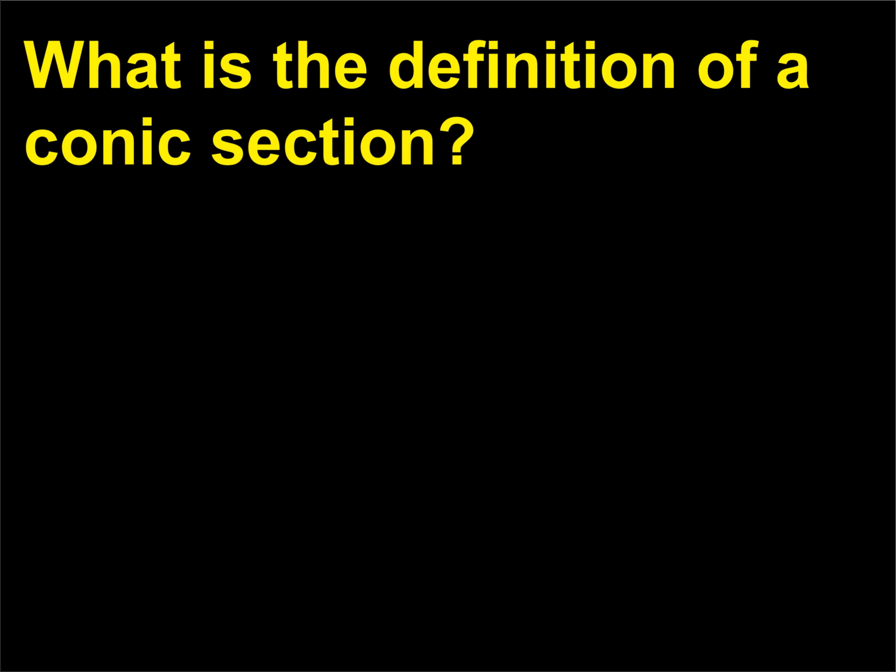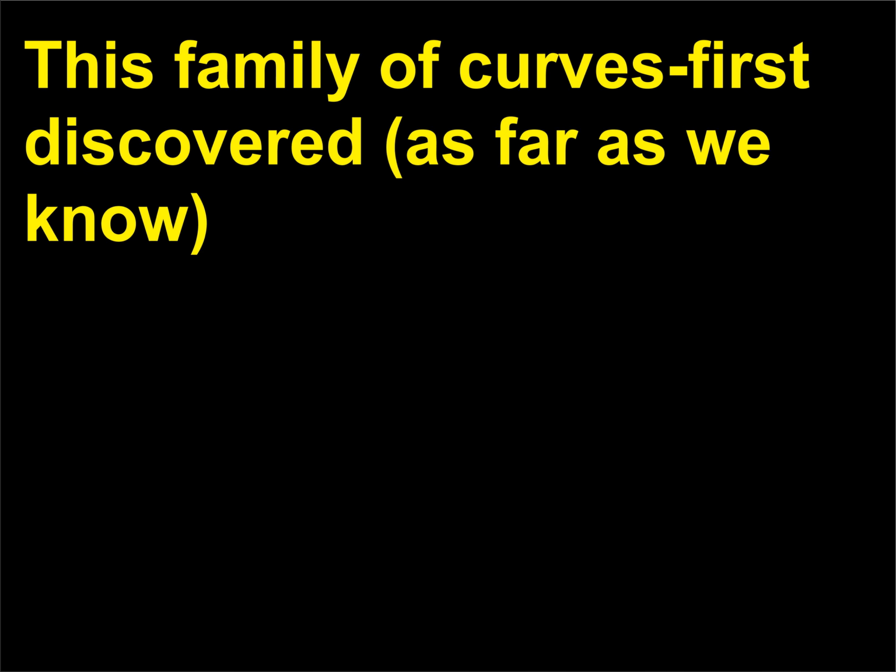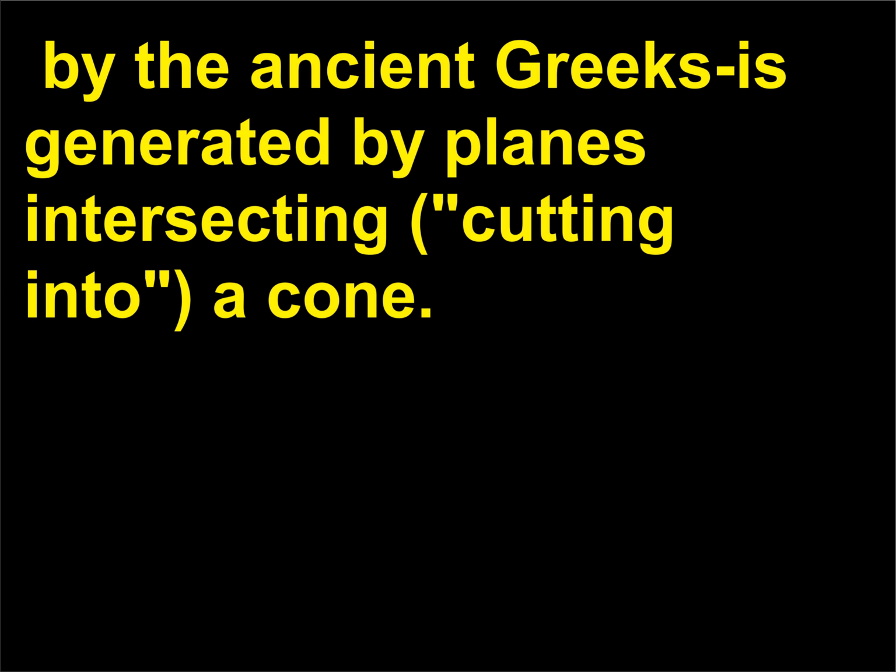What is the definition of a conic section? This family of curves, first discovered, as far as we know, by the ancient Greeks, is generated by planes intersecting, cutting into, a cone.